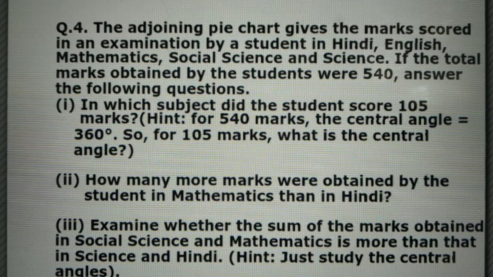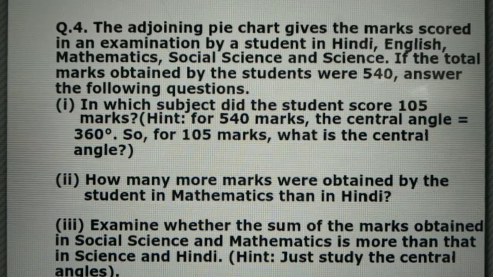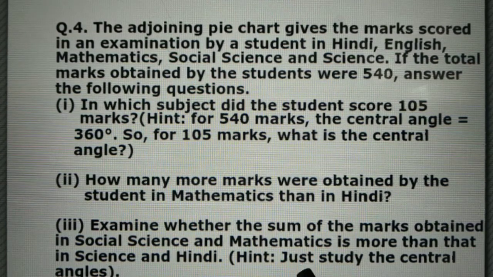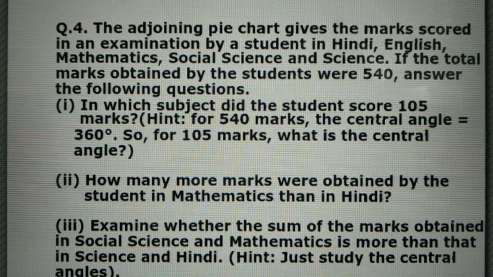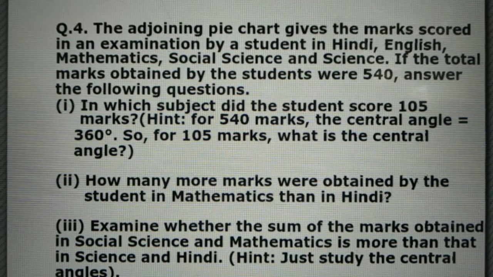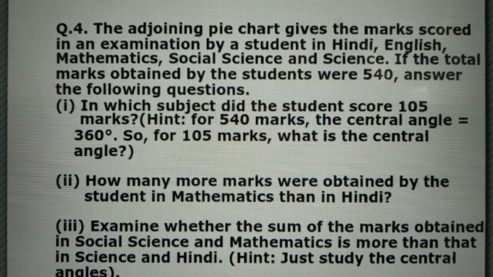Just study the central angles. We do not have to find out anything, just with observation we can tell. Let us observe all these questions one by one with the pie chart.